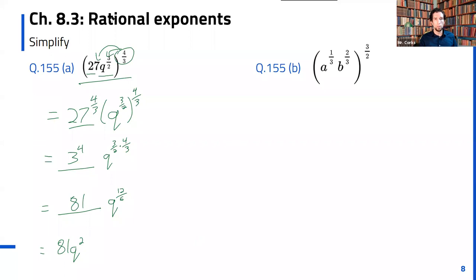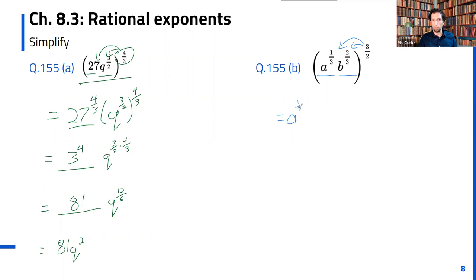All right, the one on the right here. 2 parts on the inside, and each of those will have the thing on the outside applied to it. So what's our next line for this part? Multiply 1/3 by 3/2 and 2/3 by 3/2.